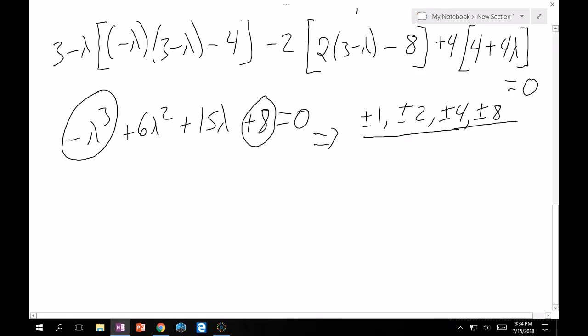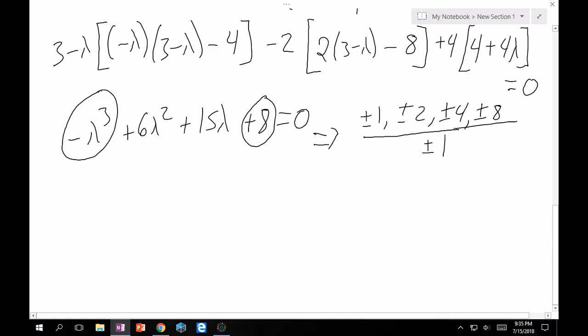And then the factors of the lambda cubed term, it has a minus 1, so it's just plus or minus 1. So this means that the only possible whole number factors, if they exist, for this polynomial can be plus or minus 1, plus or minus 2, plus or minus 4, or plus or minus 8. Dividing by plus or minus 1 does nothing.